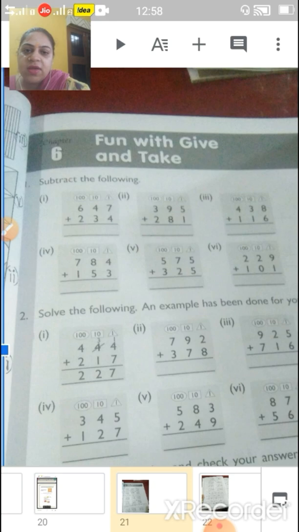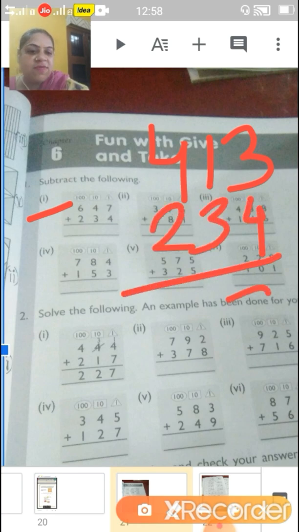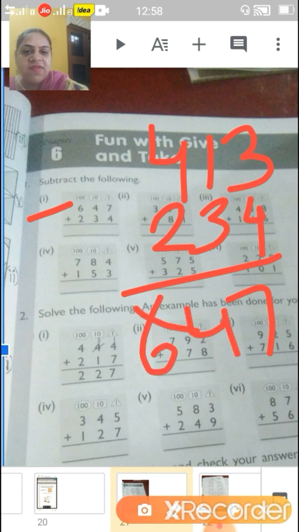If we want to check our answer, for example 413 is our answer. We have to see that both answers come correctly, so our answer is correct. So 2, 3, 4 means 3, 4, 7, 3, 1, 4, 4, 5, 6, means our answer is correct. 413 is correct.